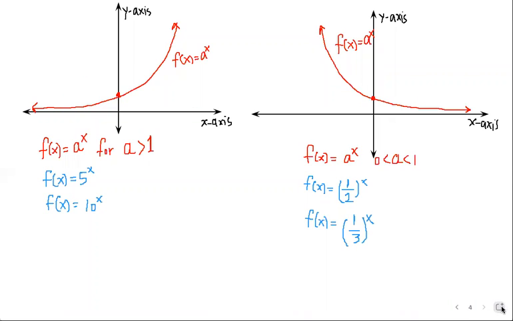Okay, last time I gave an example of how to find the exponential function. So an example for this, the question is: find the function f of x equal a to the x.